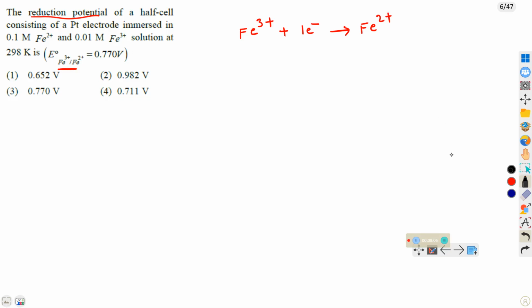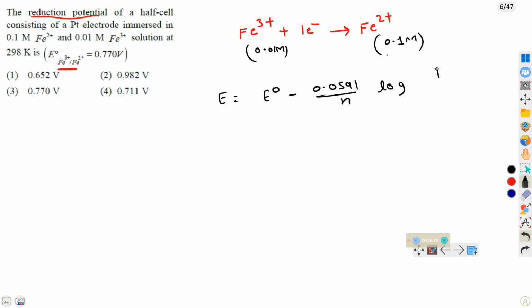Fe3+ concentration is 0.01 molar. Fe2+ concentration is 0.1 molar. Now use the Nernst equation. E is equal to E0 minus 0.0591 by n log of product, Fe2+ concentration by Fe3+ concentration.